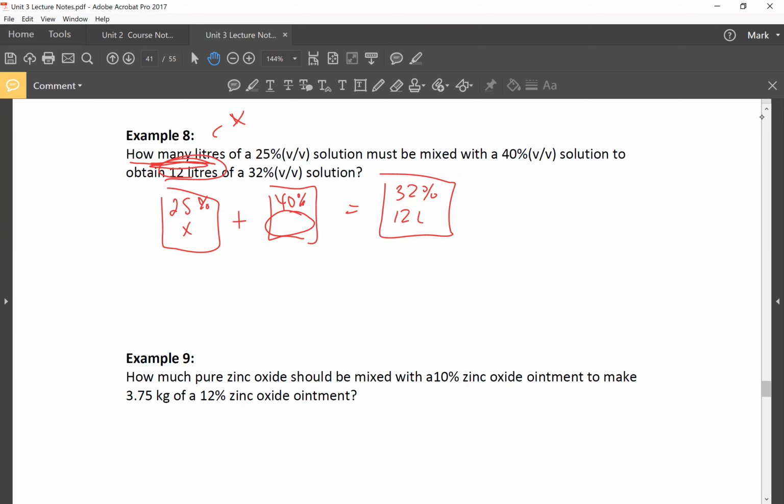Now, you'll notice in my equation here, I'm missing a very big part of this. I'm missing the 40%.